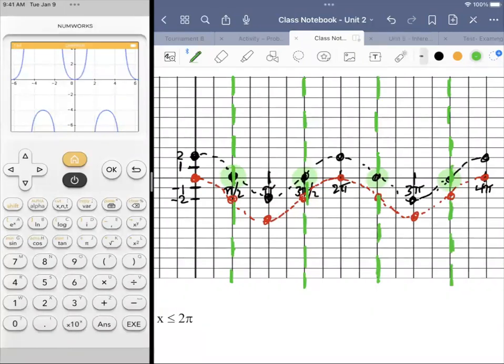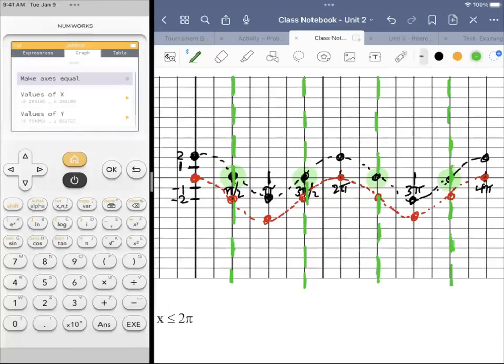I'm going to adjust my window here to go from 0 to 4 pi. The y values, I guess I'm all right with. So this is what we're looking at. Our final product should look something like this.